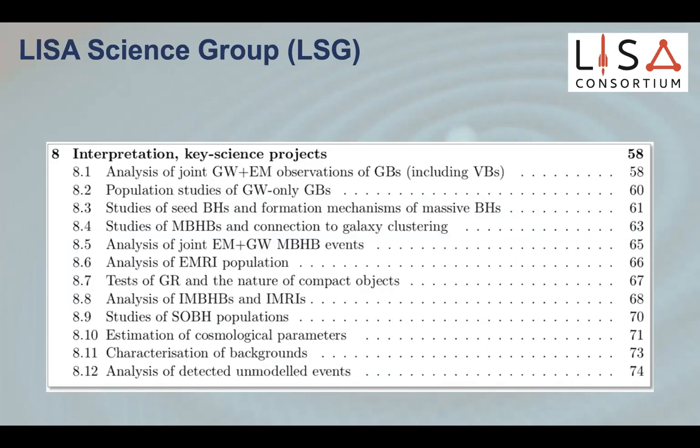Many of these topics don't fit either into the branch of fundamental physics or cosmology or astrophysics. In fact, when it comes to gravitational wave observations, many of these topics really intertwine these different branches.